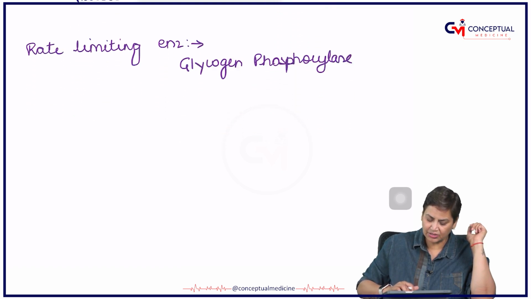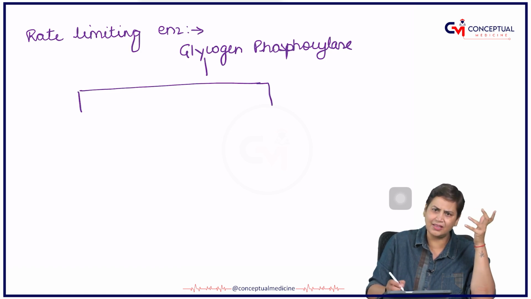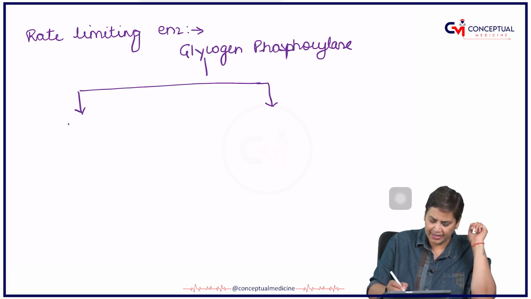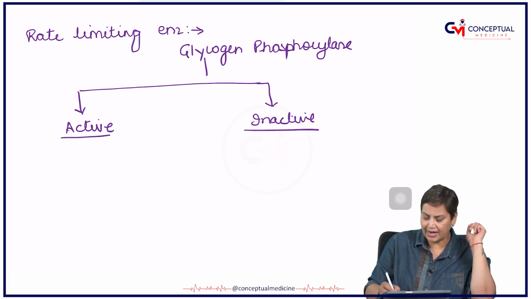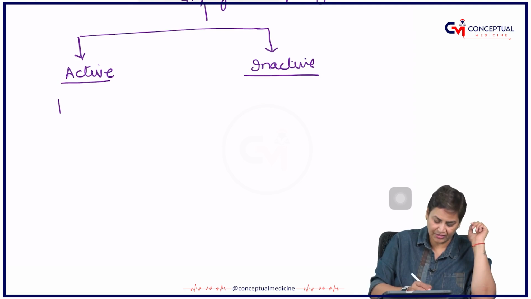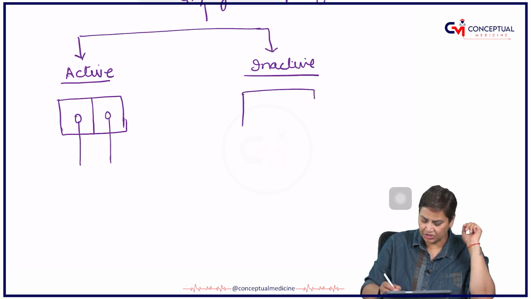Now like glycogen synthase, glycogen phosphorylase also exists in two forms, just like that. One will be active, the other will be inactive. Now what is the difference between active and inactive? If you remember the structure of glycogen synthase, you can actually understand the regulation here.